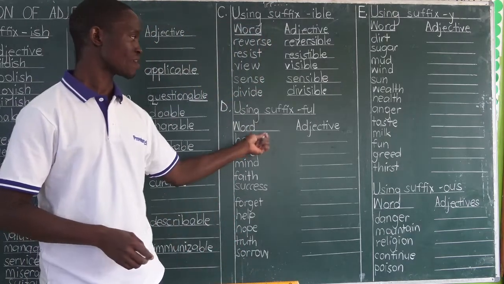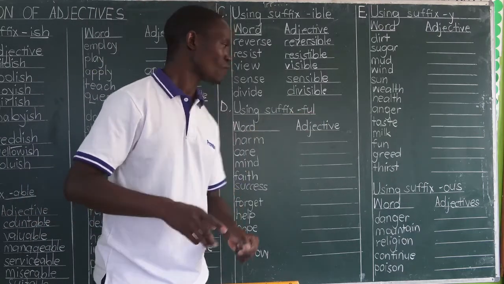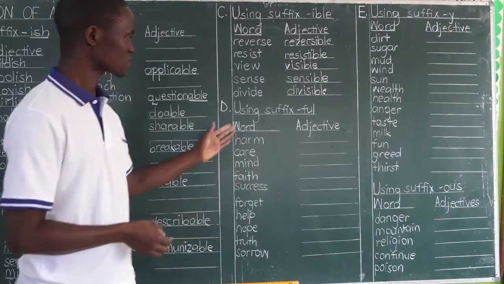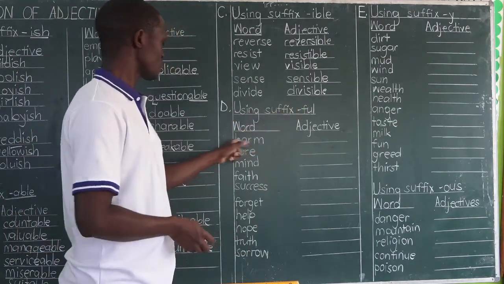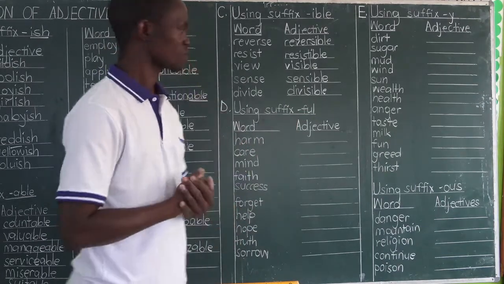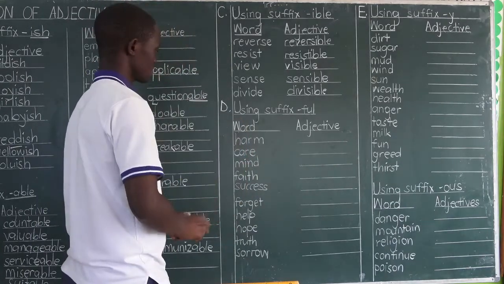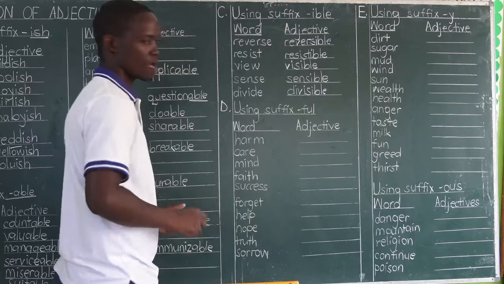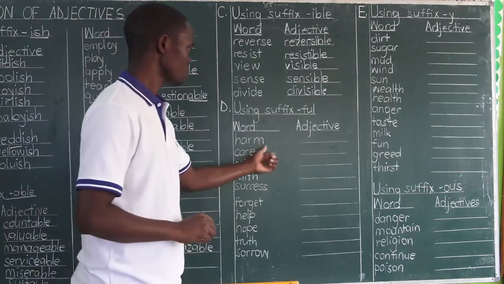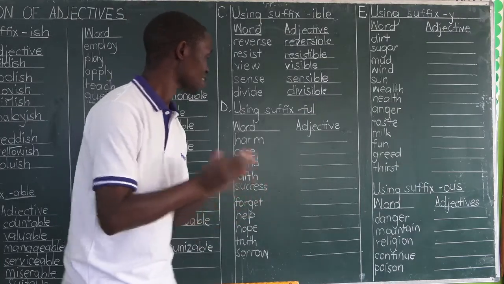The suffix ful added to the end of different words to form the adjective is f-u with a single l. So we have a word and its adjective. The first word is harm. We are going to form an adjective from harm by using suffix ful.